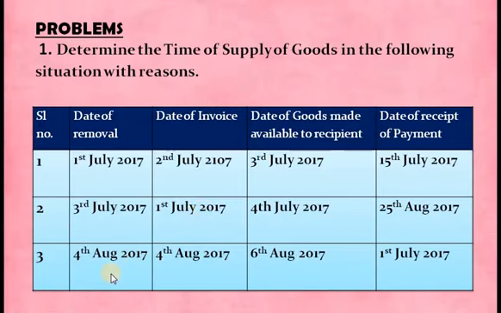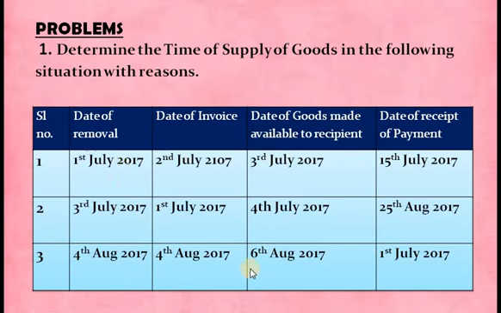In the third case, the date of removal is 4th August, the invoice is also 4th August, the goods available on 6th August, and the date of payment is 1st July. Here, first they have made the payment and then taken the goods, and even the invoice is done later, but as soon as we receive the payment, it is immediately entered in our books of account. With that particular date we consider the time of supply as the date of receipt of payment, that is 1st July 2017.